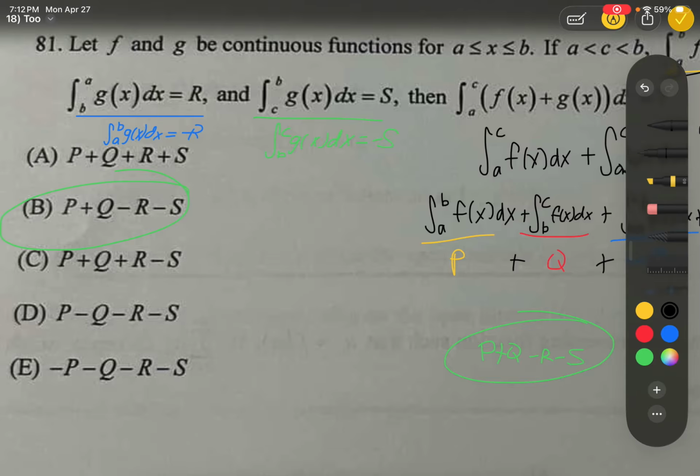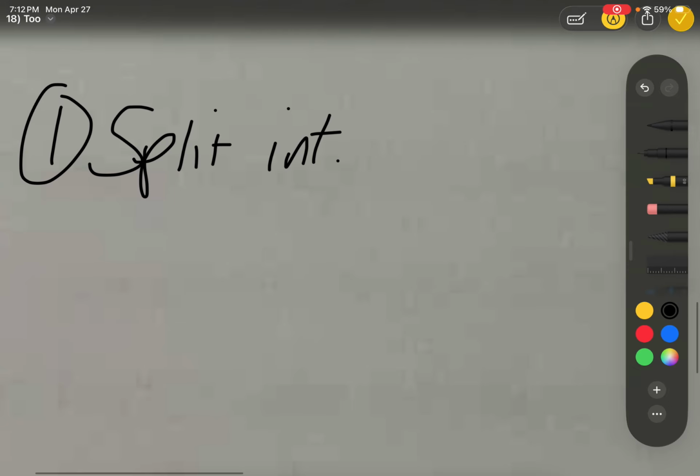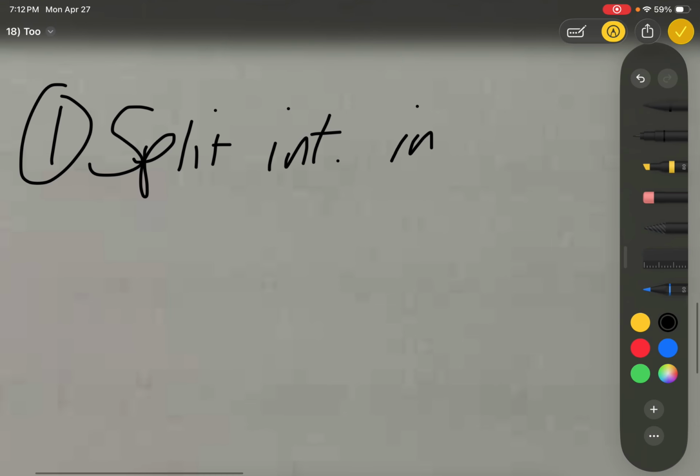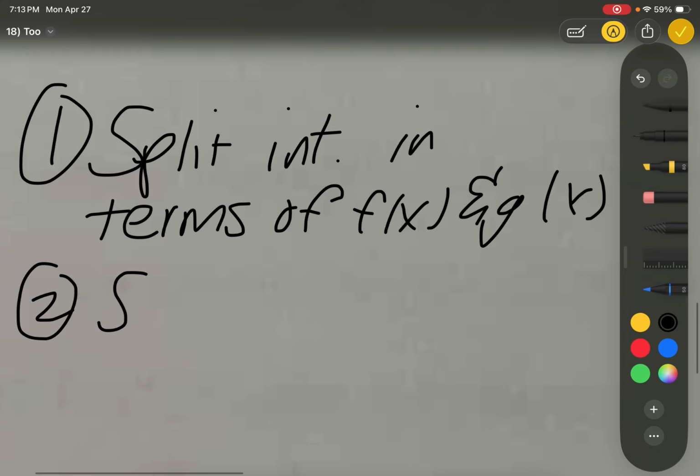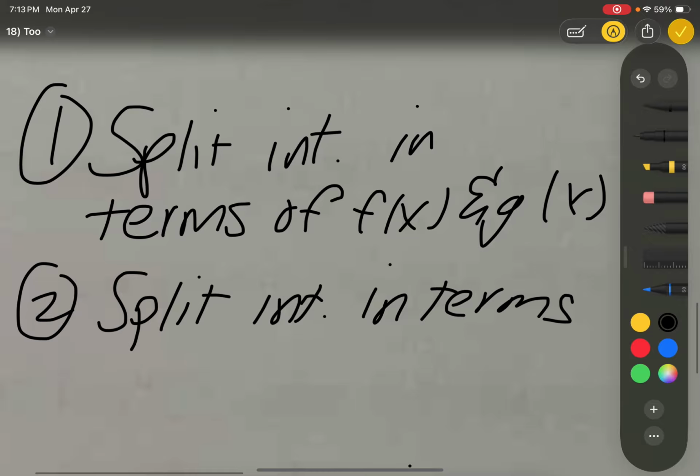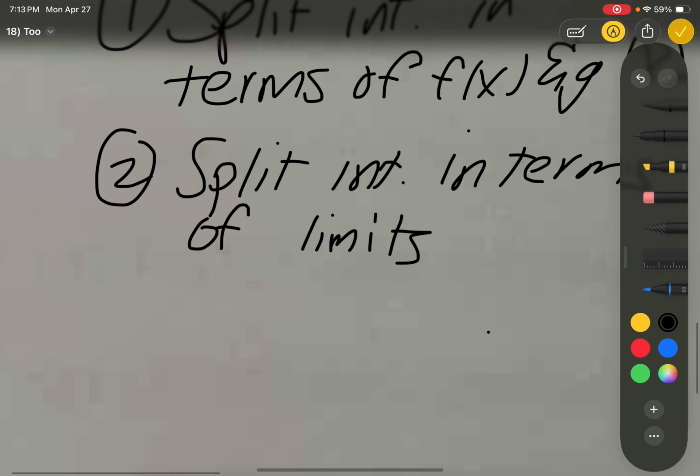So let me write down the steps for this problem. 1. Split integrals in terms of function. 2. Split integral again in terms of limits. 3.